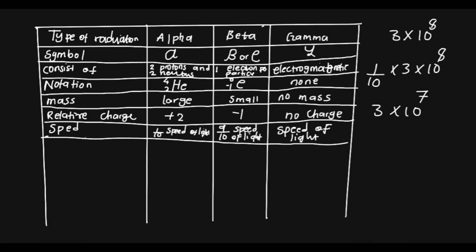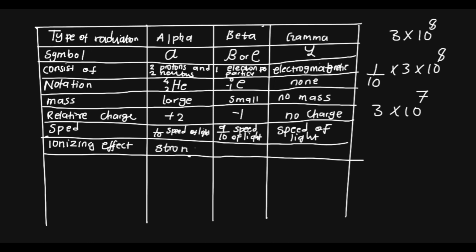Then from there we can also look at the ionizing effect. So for the ionizing effect, we are looking at what happens if we let this radiation enter our body, so the results plus what happens to the body system. So for alpha, the ionizing effect is strong. Then for beta, it's weak. Then for gamma, very weak.